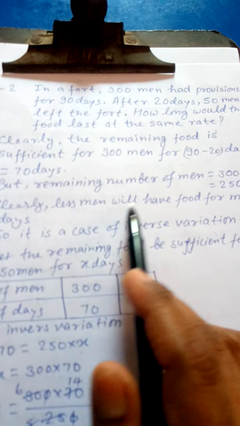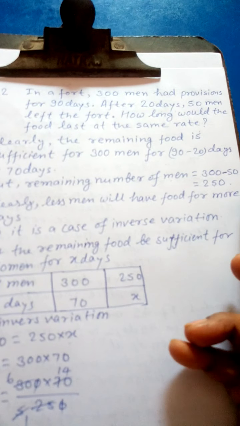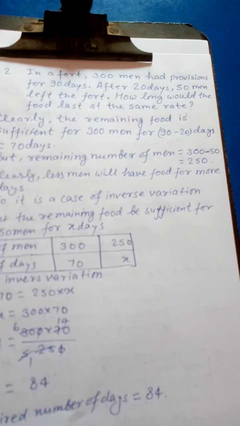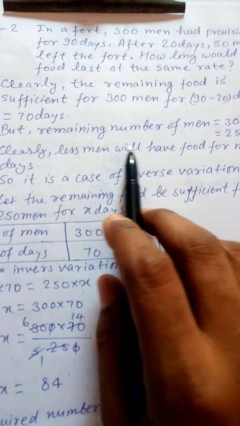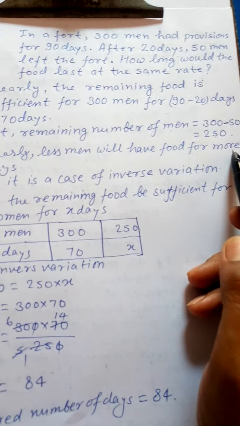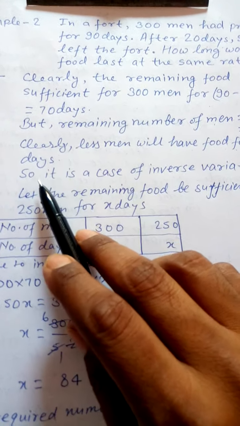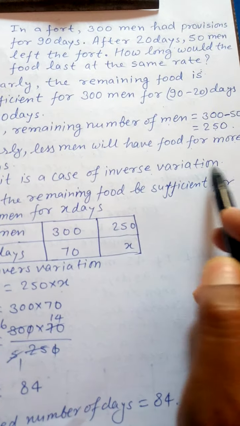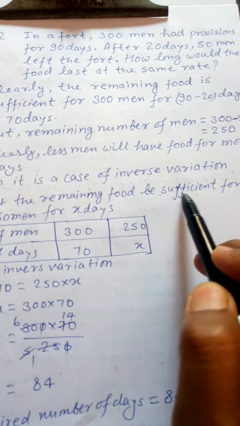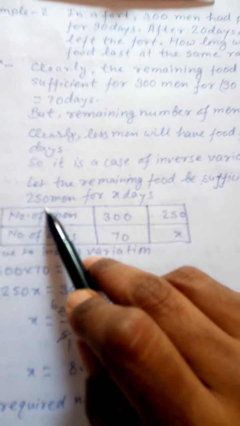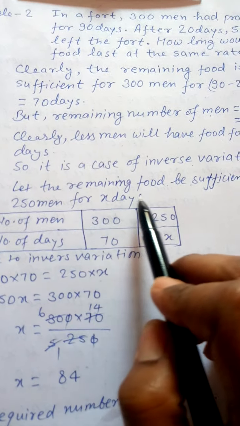Clearly, less men will have food for more days. So it is a case of inverse variation. Let the remaining food be sufficient for 250 men for x days.